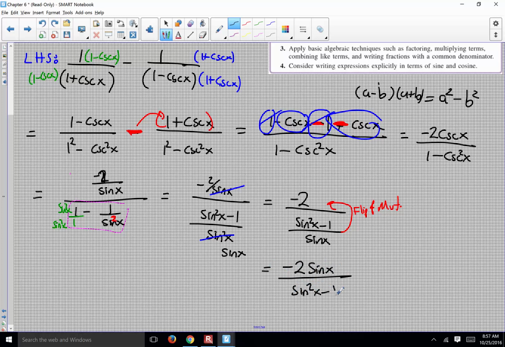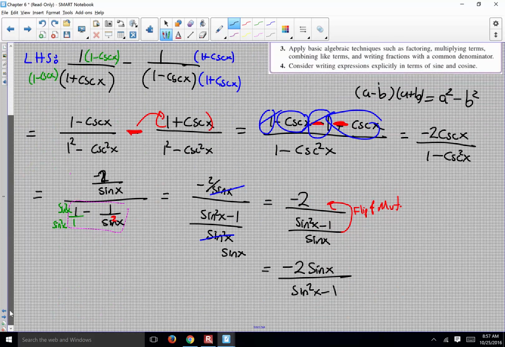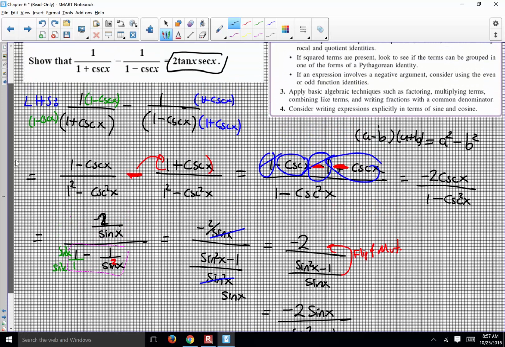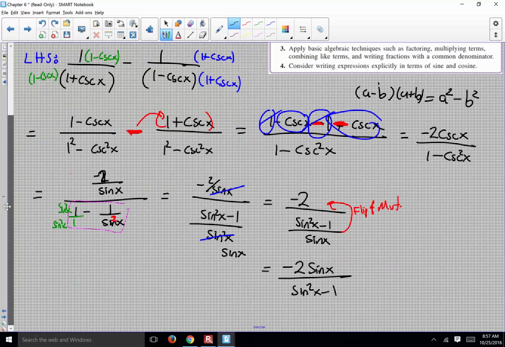And I'm stuck, guys. I can't move anymore. I need help. I couldn't get it. I have no clue how this turns into that. Again, where are we going? Always don't lose sight of what your goal is. This is my goal. I need to get tangent and secant, and I don't see anywhere tangent and secant.